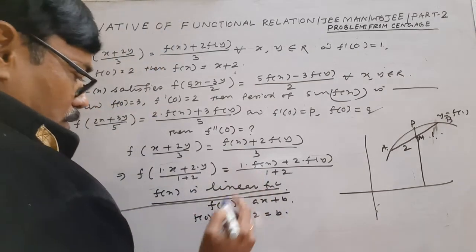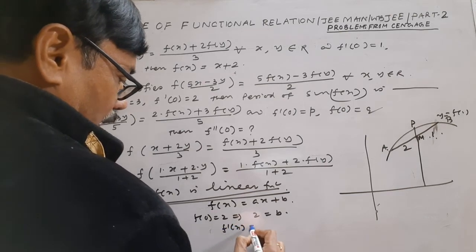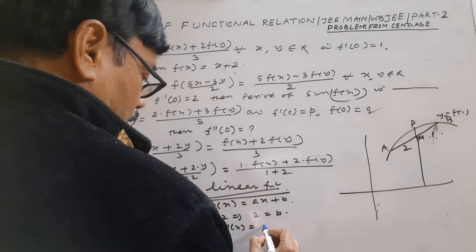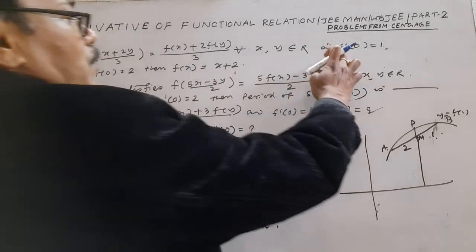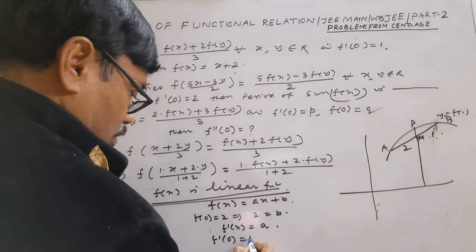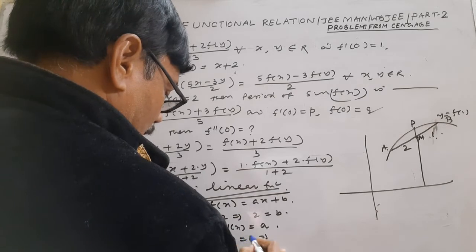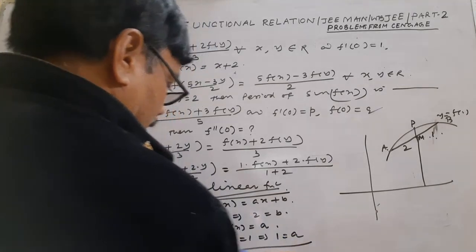X equals to 0. So, what is f'(x)? f'(x) = a. Now, what is f'(0)? f'(0) = 1 implies 1 = a.